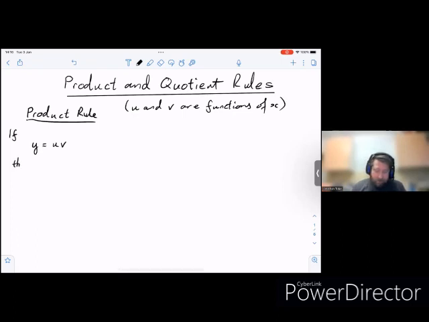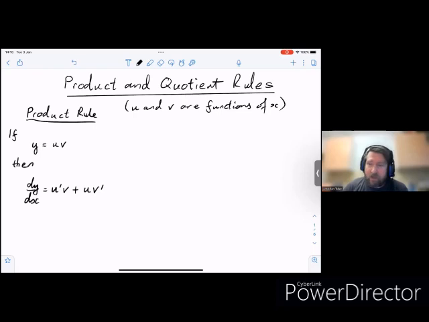Then dy by dx equals u dash v plus u v dash. So I'm using a dash to indicate that we differentiate with respect to x.